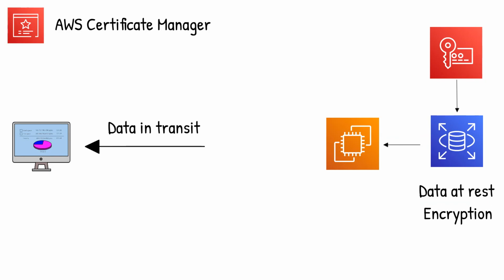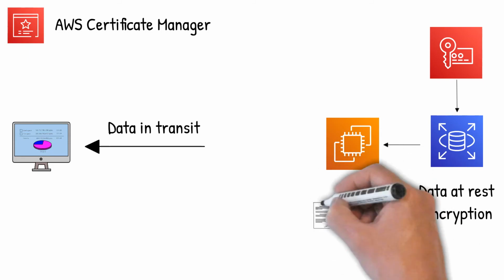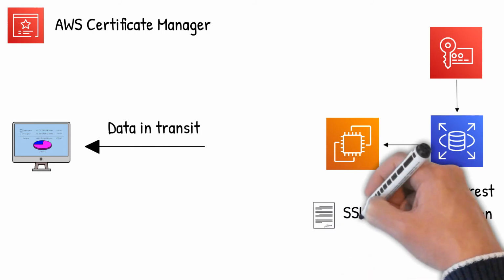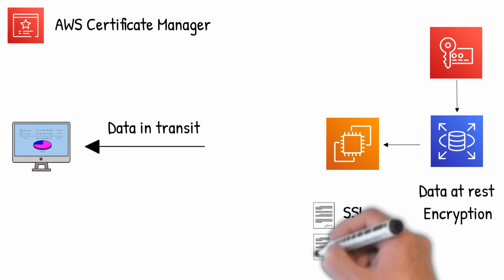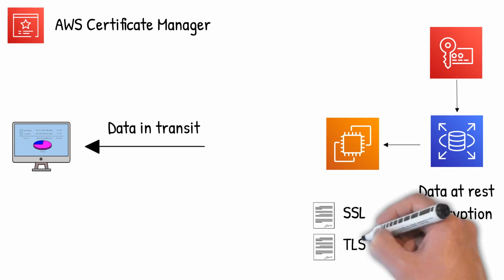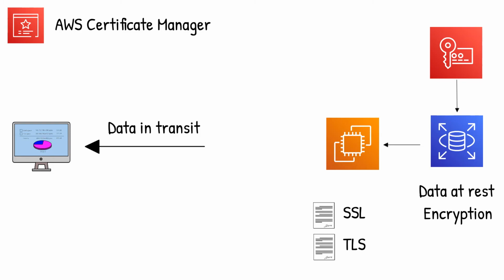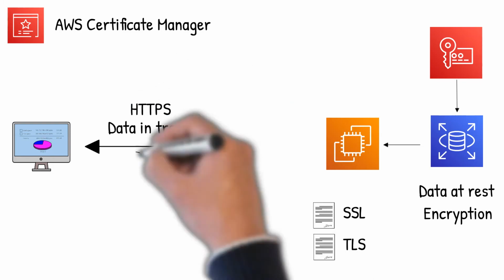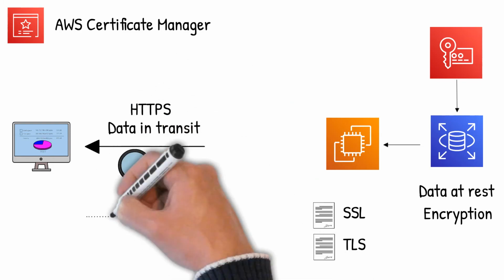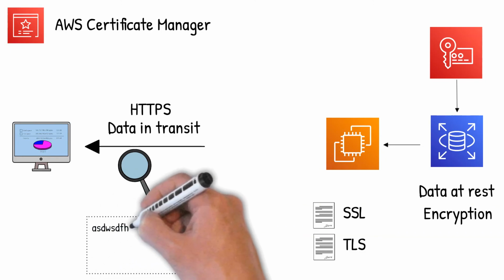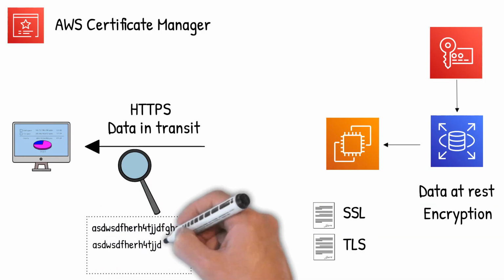Now the question is, how do we protect it while it is in transit, so that no one can eavesdrop on the wire and see our sensitive data? Secure Sockets Layer or SSL and Transport Layer Security or TLS certificates are used to protect data in transit so that even if someone taps into this data, they will only see random text.